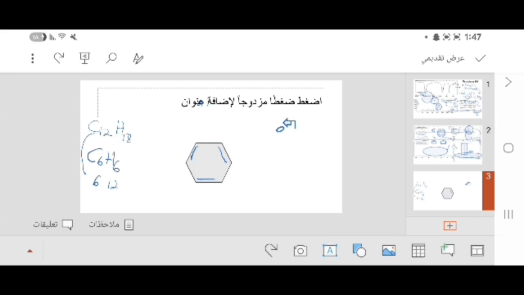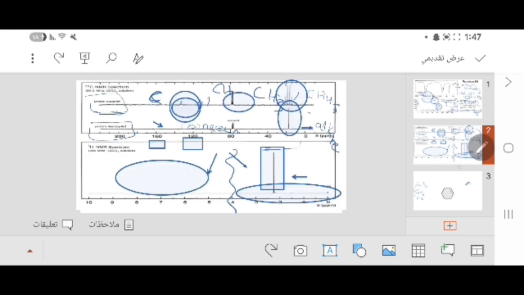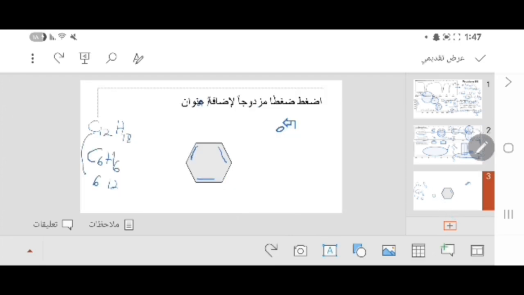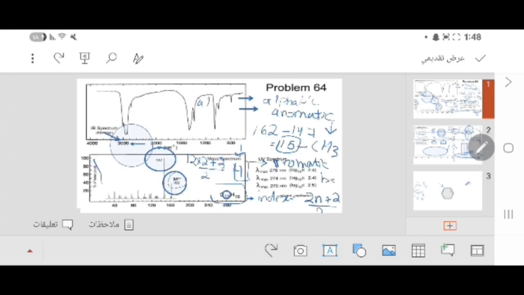Okay. So let's draw it in a really correct way. Let's go back to the carbon NMR. The carbon NMR indicates that we have CH3, a CH, and a C. The CH is here in the benzene itself. And what we have left is a CH3, which is already confirmed by the mass spectroscopy, which shows CH3, okay?